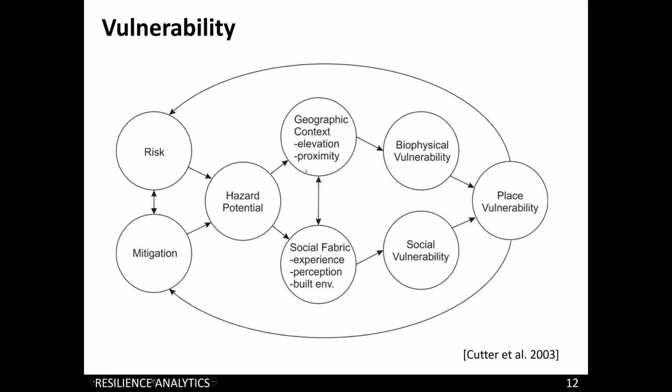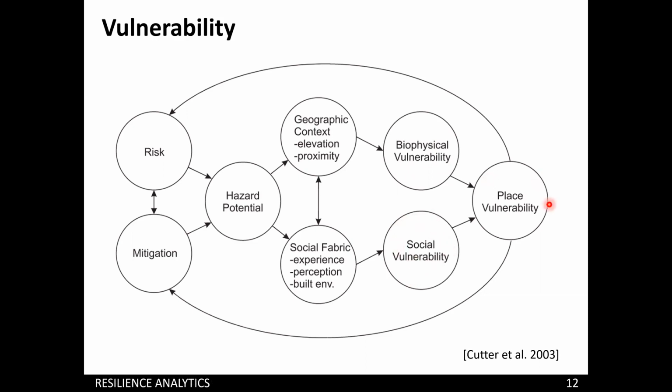The geographic context creates some physical vulnerability. The social context creates some social vulnerability. And the combination of those two produces what Cutter refers to as place vulnerability. It's essentially the combination of the physical reality of where this disruptive event might occur and the people that reside in that physical location.